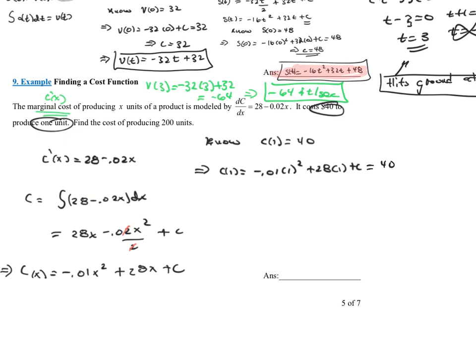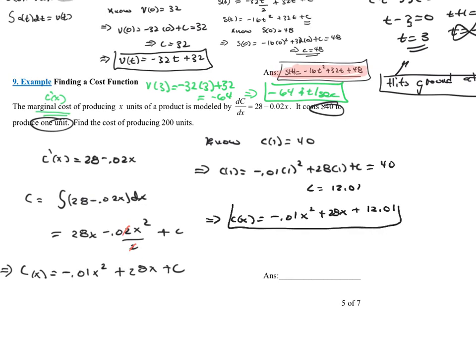Plug this into your calculator, solve for c. Looks like I'm getting c equals 12.01. So my actual cost function would be negative 0.01x squared plus 28x plus 12.01.